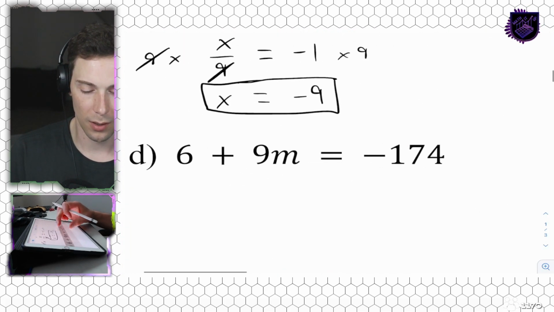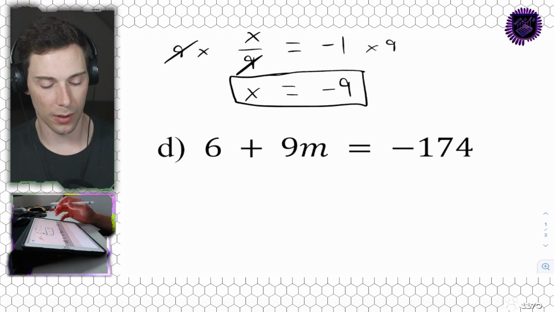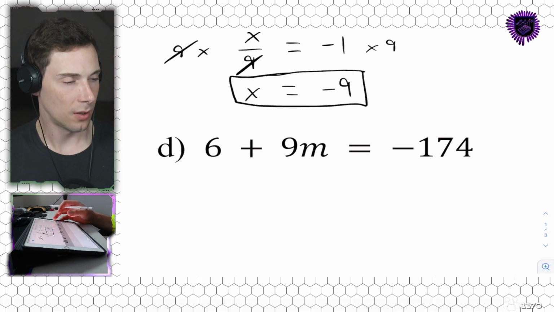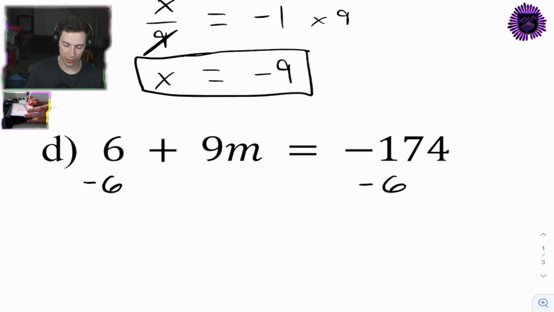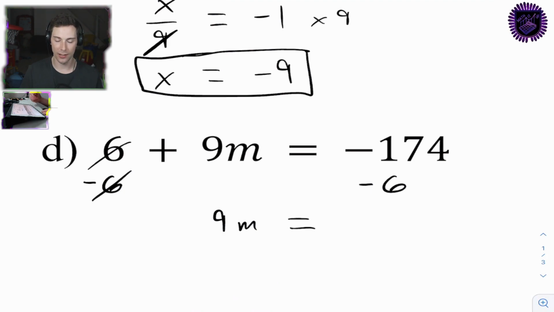Funny. All right. We are now on question 3D. Let's subtract 6. On this side, it will cancel out, leaving us with 9m. And on this side, it's going to add to our negative total to make it negative 180.